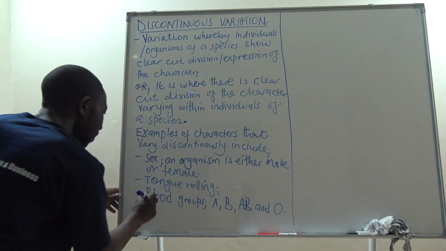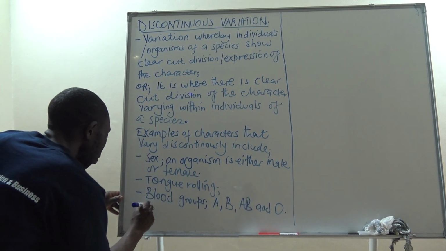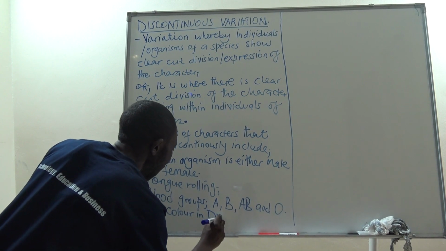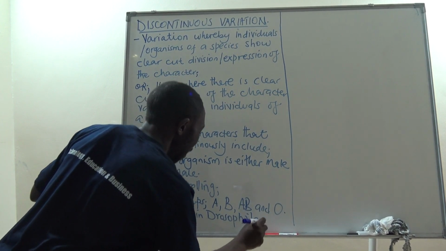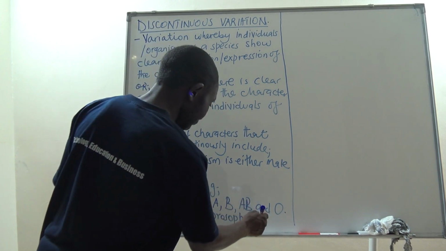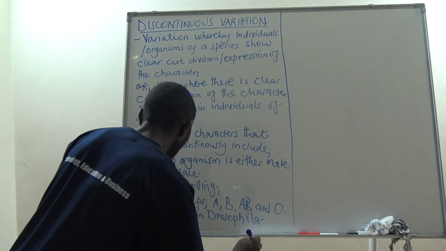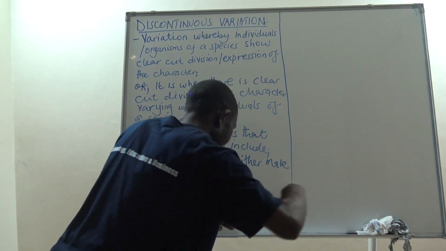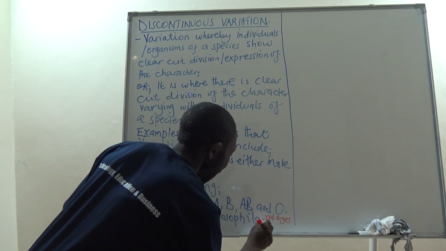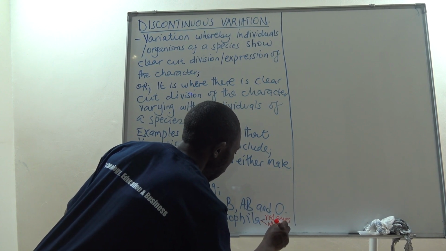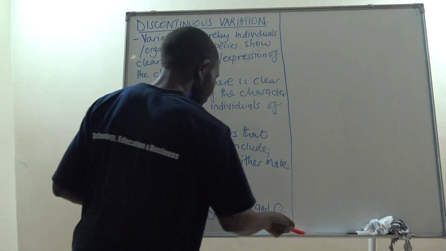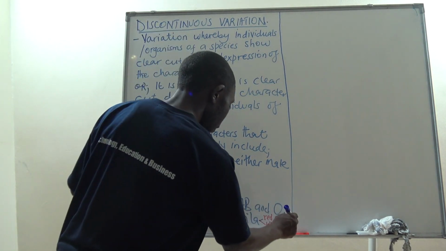Then the other character is eye color in Drosophila melanogaster, or the fruit fly, whereby some of the fruit flies have red eyes, whereas others have white eyes.